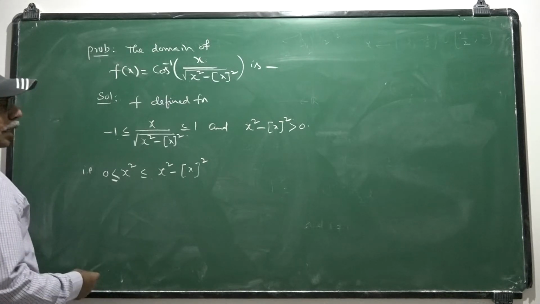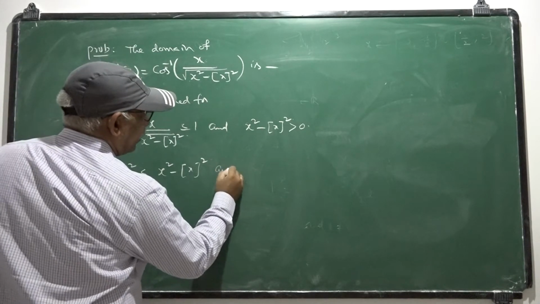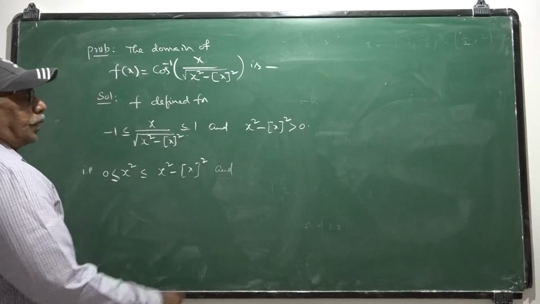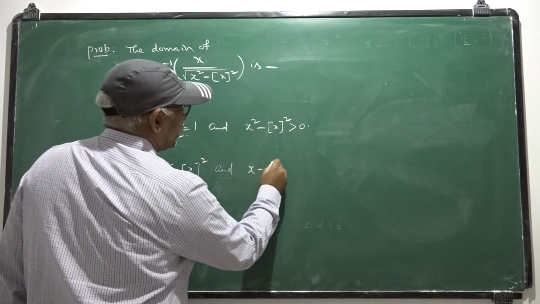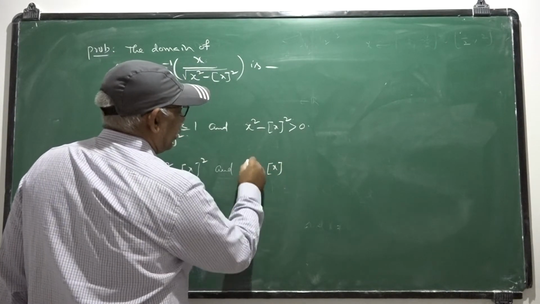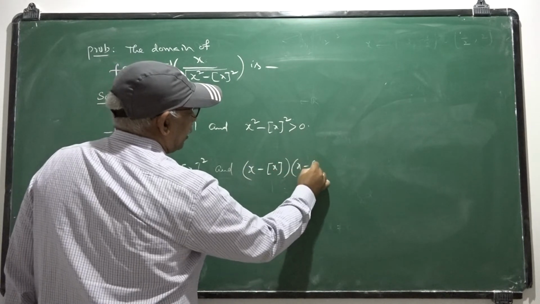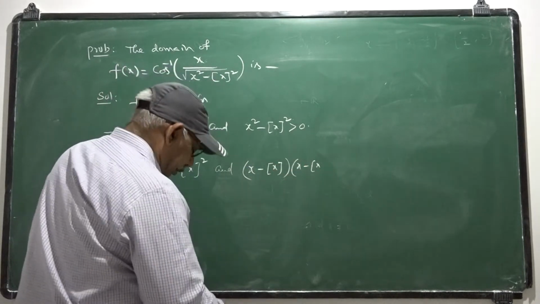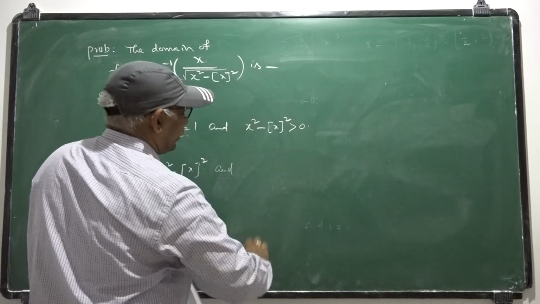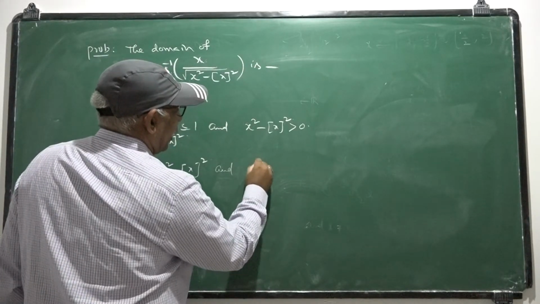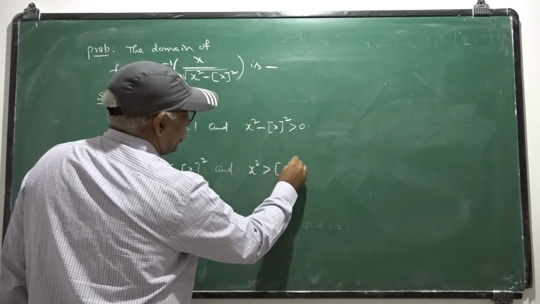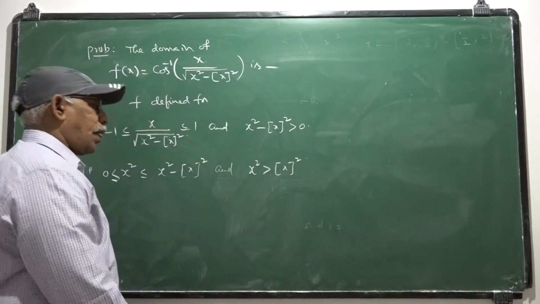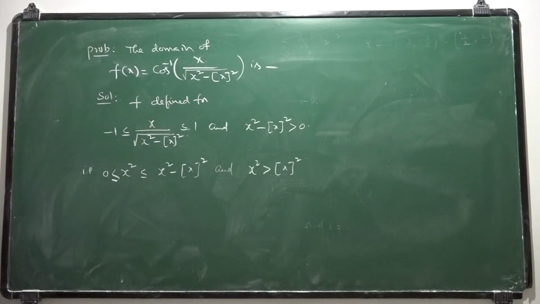And this is x minus step x into x minus step x, or x square is greater than step x whole square.